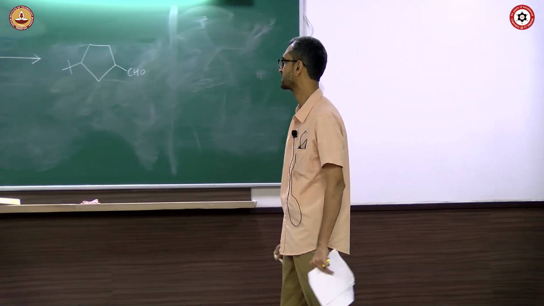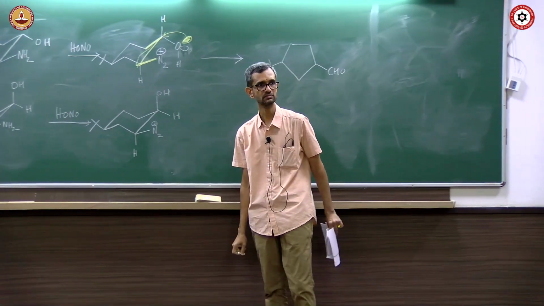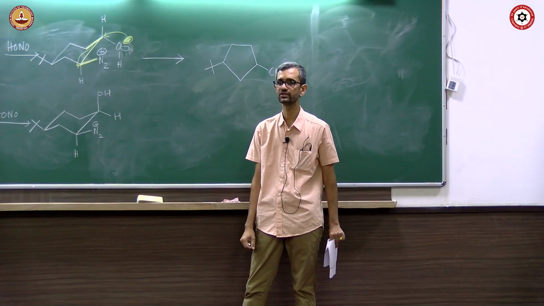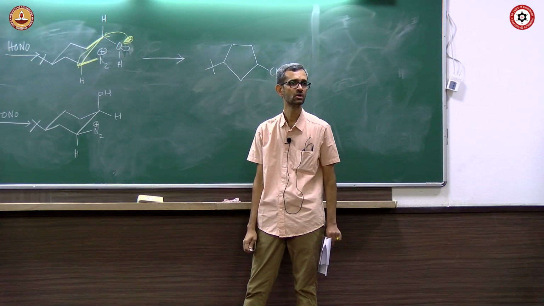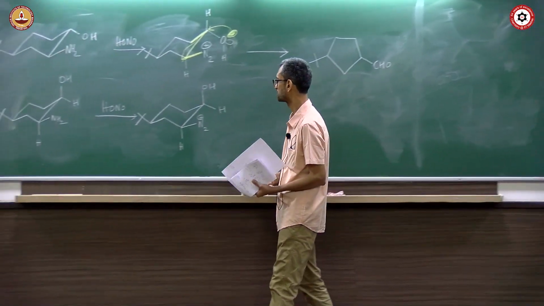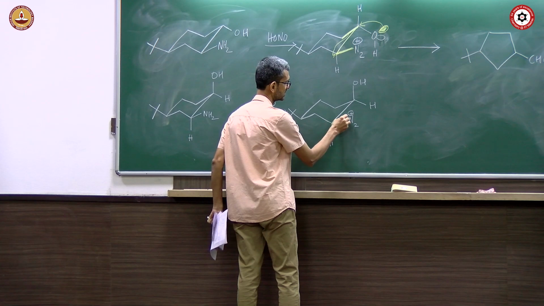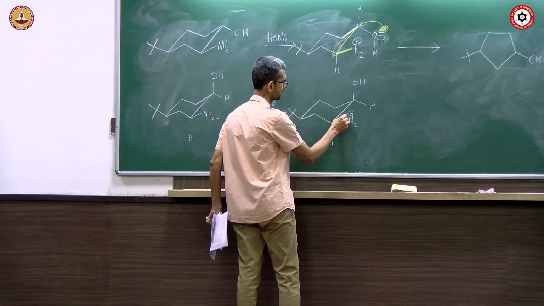Now where is the migrating group and where is the leaving group? Migrating group and the leaving group are anti-periplanar to each other, right? So the leaving group is N2 plus here. Okay, what is the bond that is anti-periplanar to this?